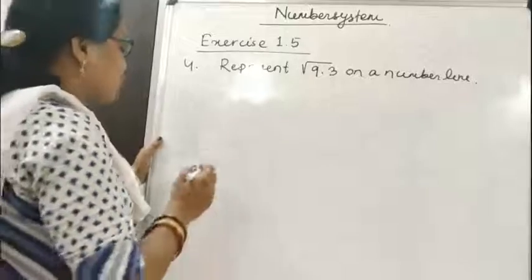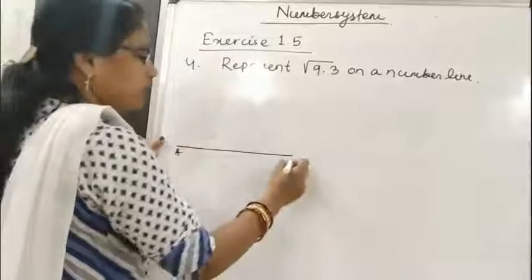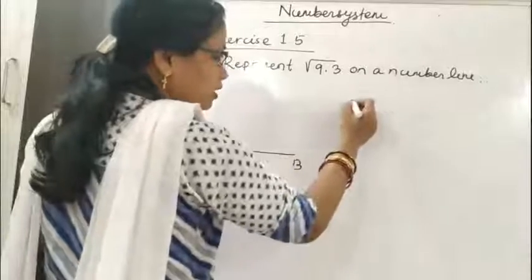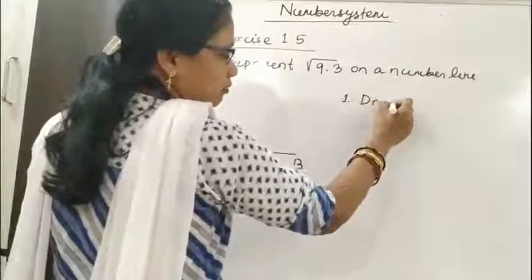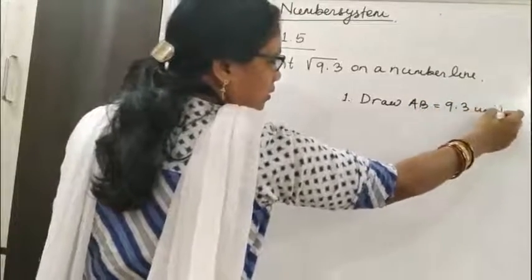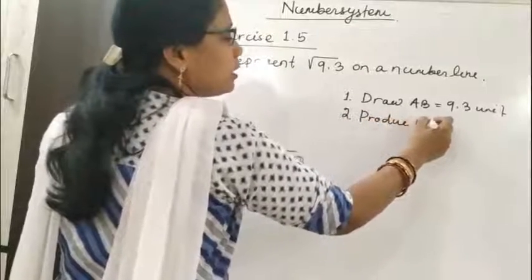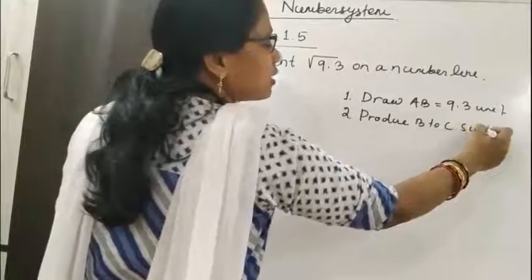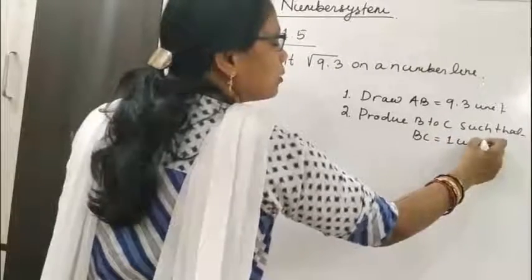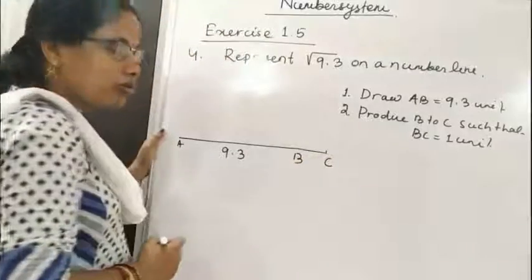The first step is to draw a line segment AB of 9.3 units. The second step is to produce B to C such that BC is equal to 1 unit.